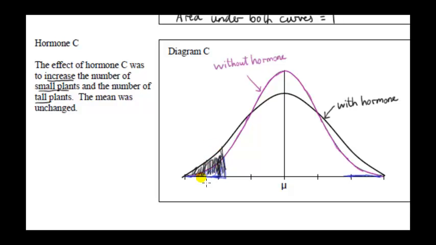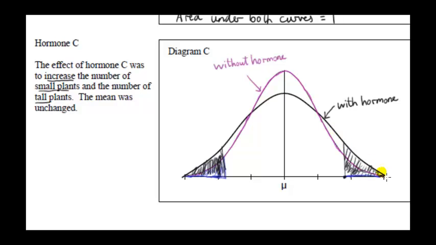So we have to widen this tail. Well, I should say fatten this tail, and the same goes at the other end. Initially, this area here would be the proportion of all the tall plants running from this value up to the highest possible value. And we want to make that proportion even greater, so we have to fatten the tail. But by fattening the tail, we have to compensate by decreasing the height of the curve.